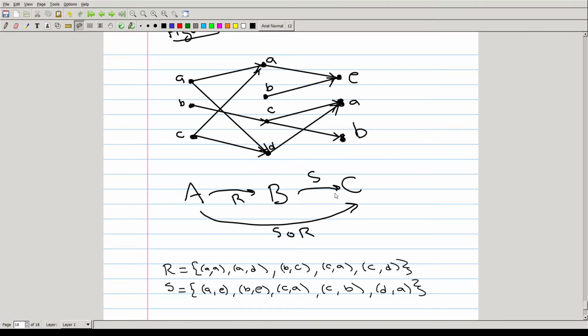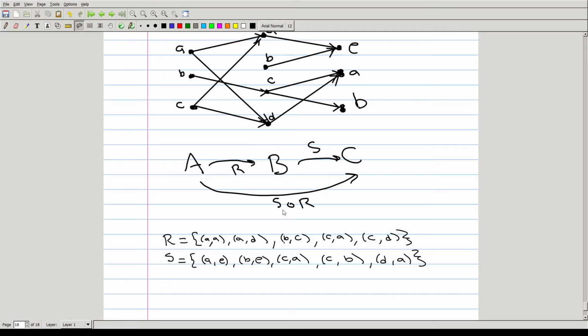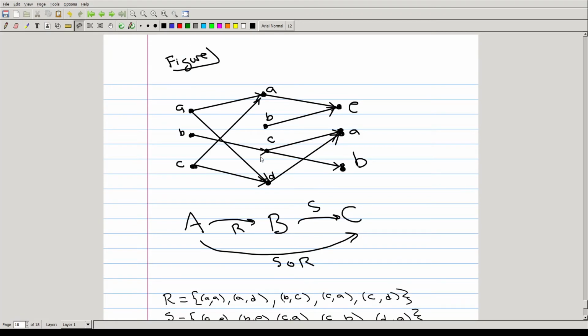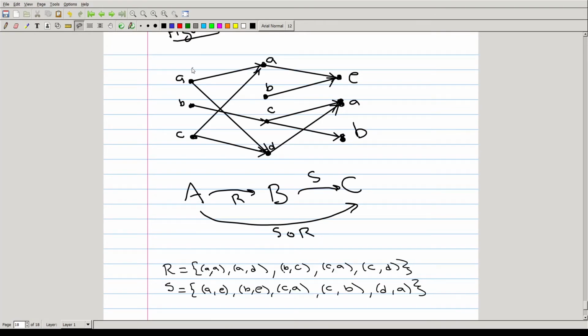The relation S is the relation AE, BE, CA, CB, and DA. And the composition is all of the ways that we can get a path directly from set A into set C, for which there exists an intermediary element.